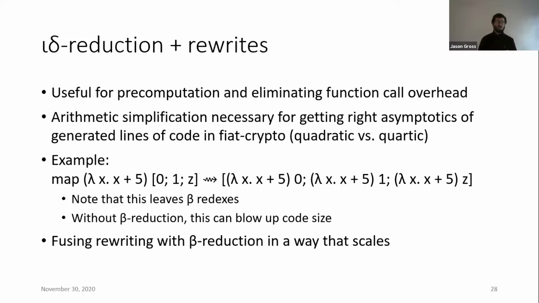An example of iota delta reduction is that if you map a function over a concrete list, you want to unroll the loop or the recursion of mapping and do the case analysis on the constructors of the list, and you get a function applied to each concrete element of the list.